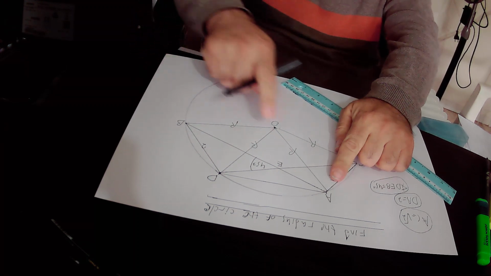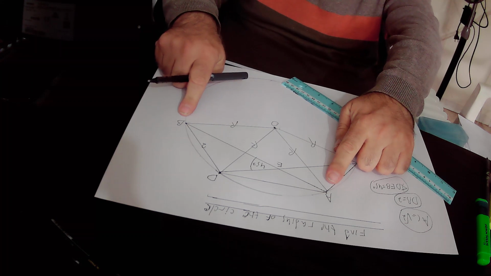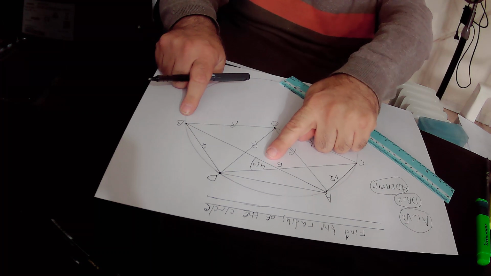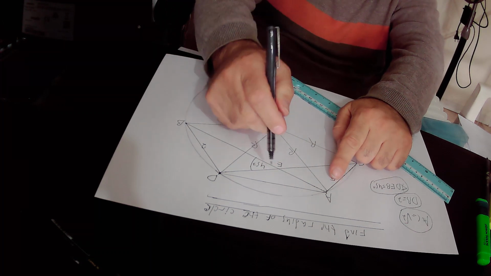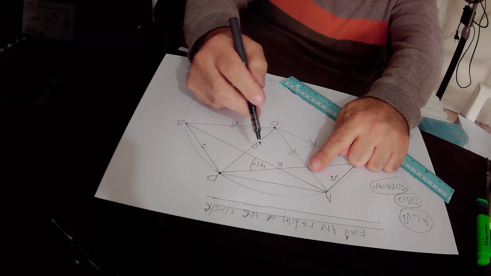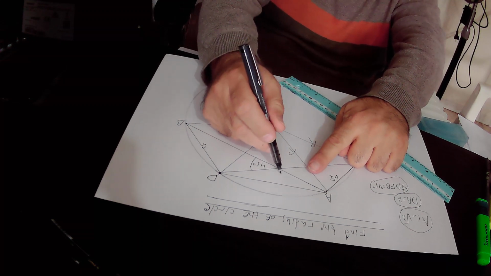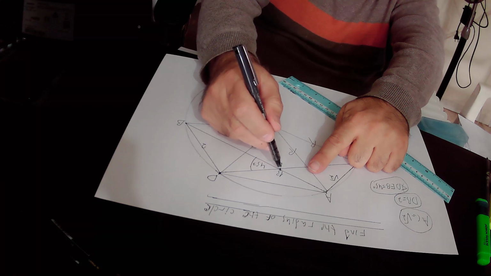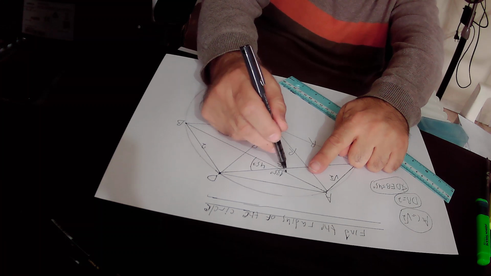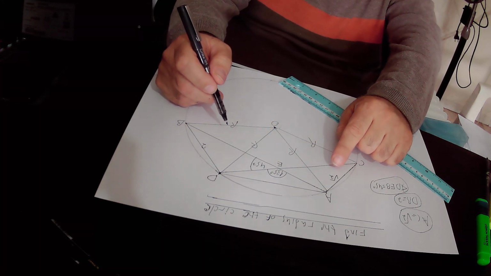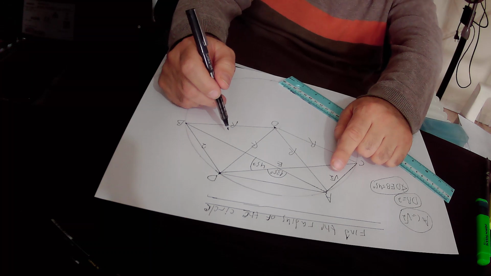Okay, we focus on the straight line AB. On the straight line AB, at point E, we have this angle that is equal to 45 degrees. Therefore, the missing angle AED must be equal to 135 degrees according to rule number 1, that the sum of the angles on one side of a straight line is equal to 180 degrees.